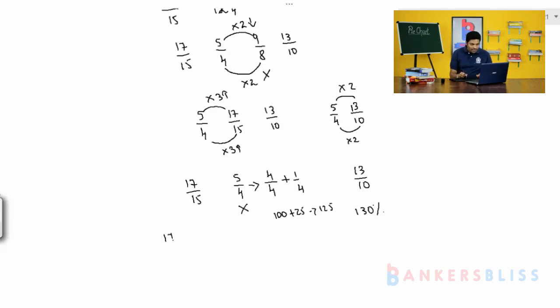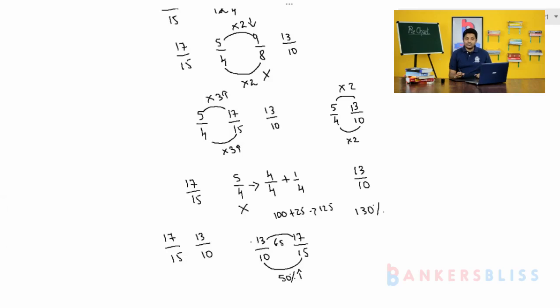Now, 17 by 15 and 13 by 10. See here, 10 is becoming 15, meaning 50% is increased. Here the 50% means 6.5 has to be increased, but it is increased only by 4, meaning less than 50%.